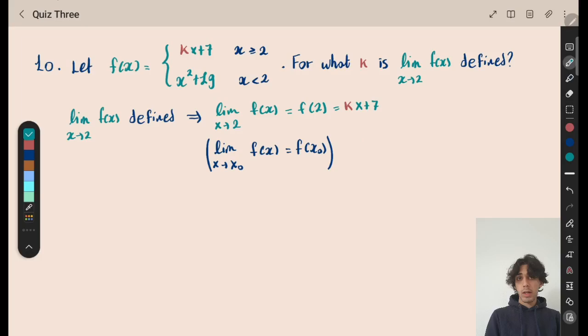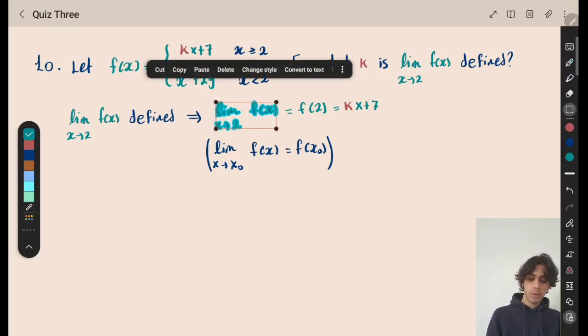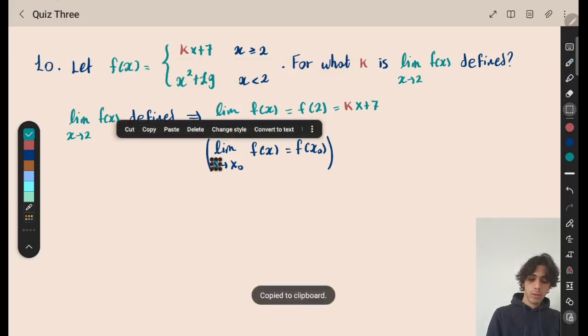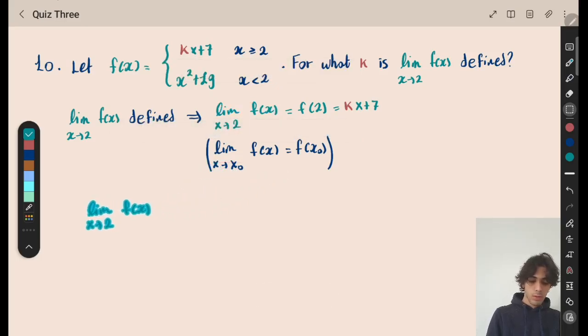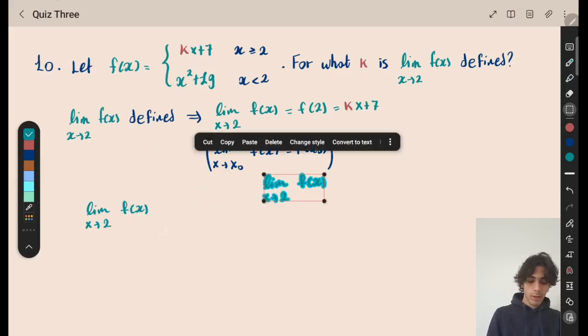But at the same time, we would like to consider both limits. And what do we mean by both limits? This is something I'll clarify right now.